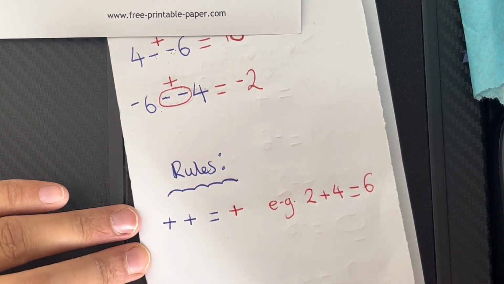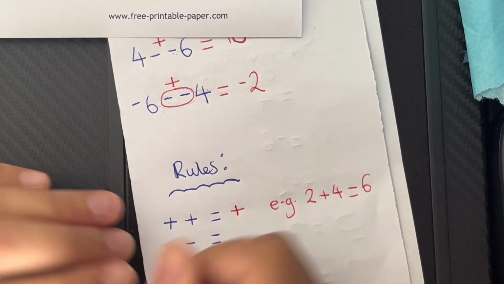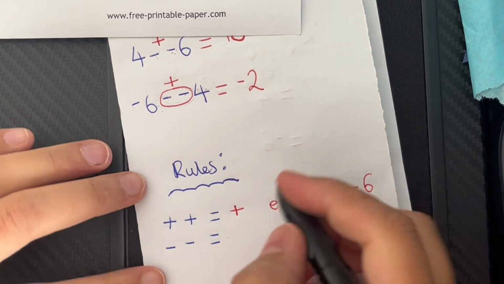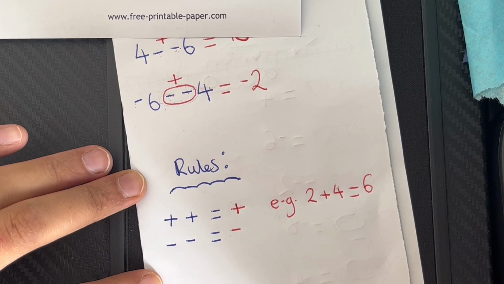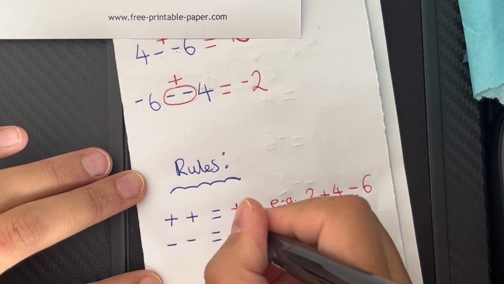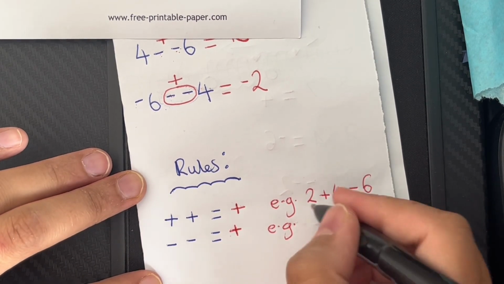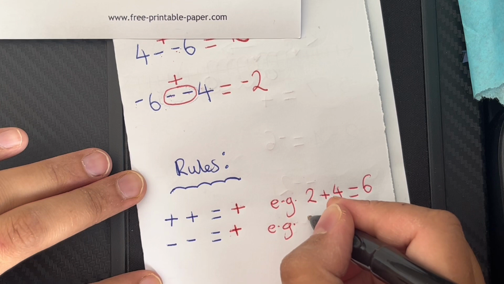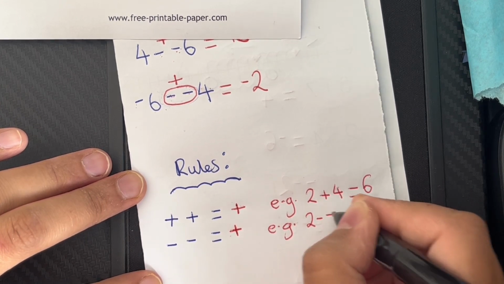And then if I look at having 2 negatives next to each other, then the answer is also a positive operation that I'll be carrying out. For example, let's do 2 minus 4.